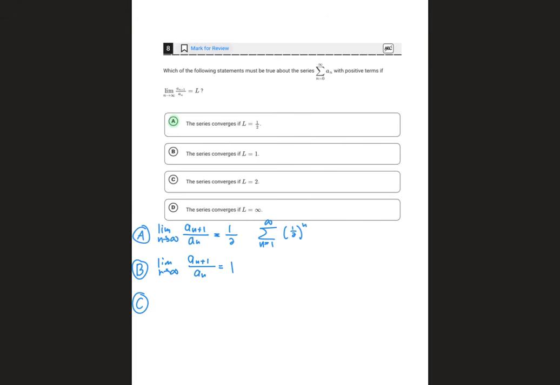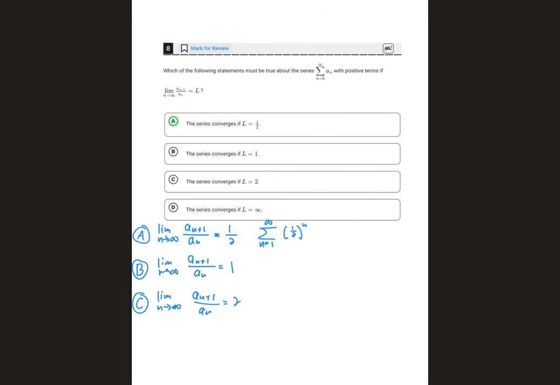And then C, what I was kind of talking about at first. If this equals 2, then it's really obvious that this won't converge. If this is 5, this will be 10. If this is 10, this will be 20. If this term's 20, the next term will be 40. Term's 40, the next term will be 80.